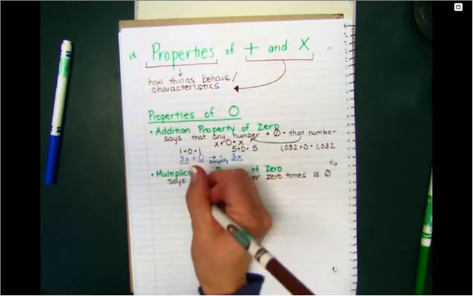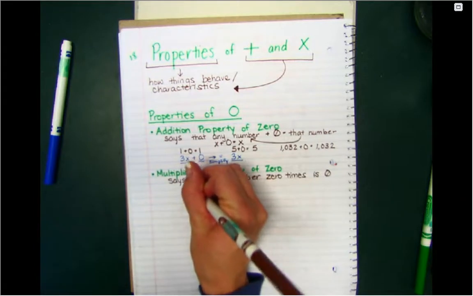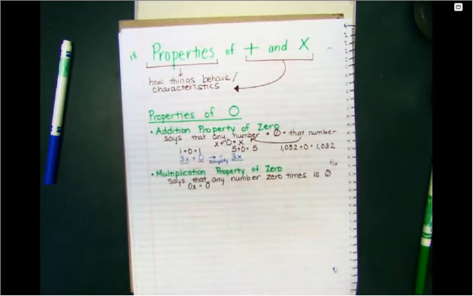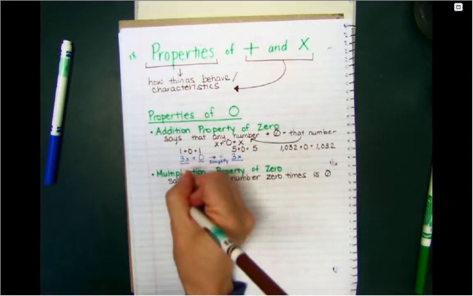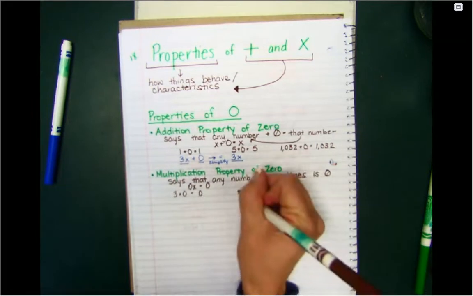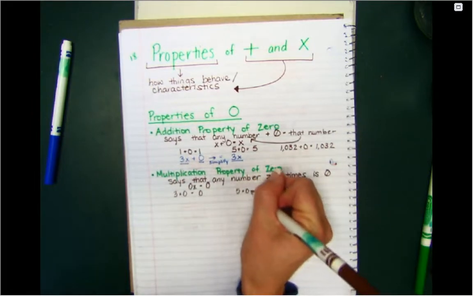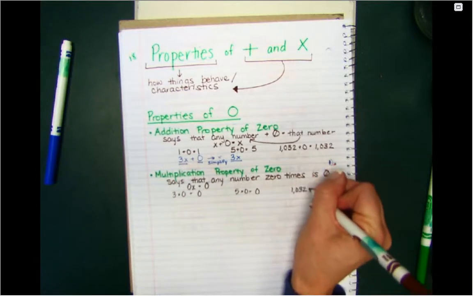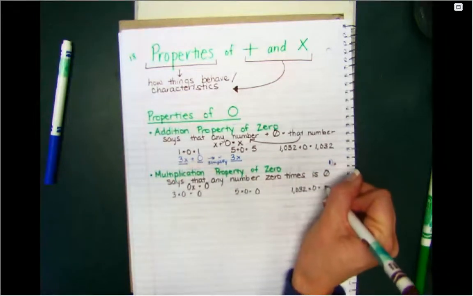So another way to write that would be 0x equals 0. Some examples would be 3 times 0 equals 0. 5 times 0 equals 0. 1032 times 0 equals 0.